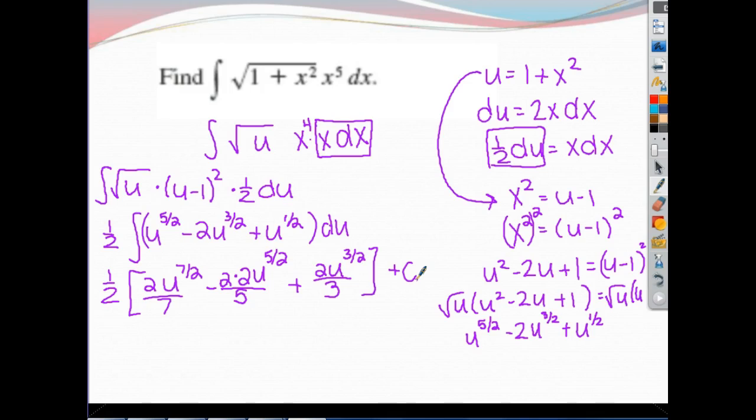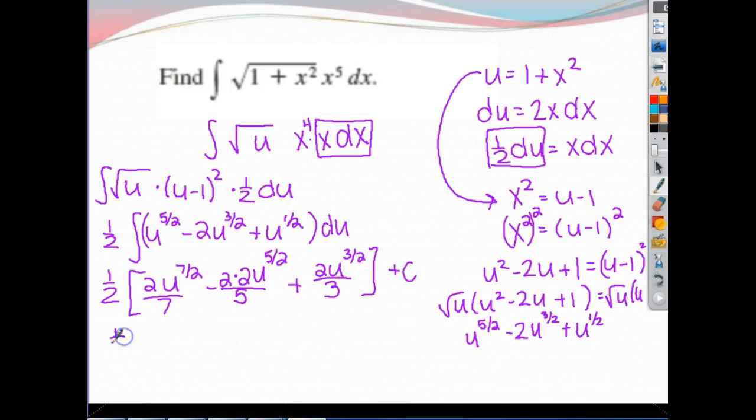Let's clean up our fractions by distributing the 1/2 and the problem didn't start as u's. The problem started as x. So you got to plug all the 1 plus x squareds in for all those u's. So 1/2 times 2 sevenths, your 2's will cancel.